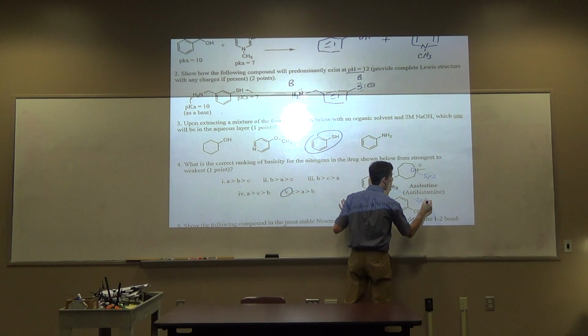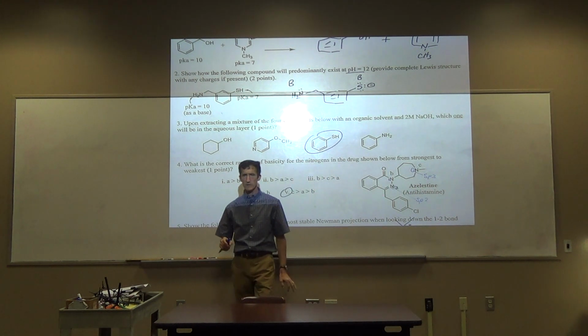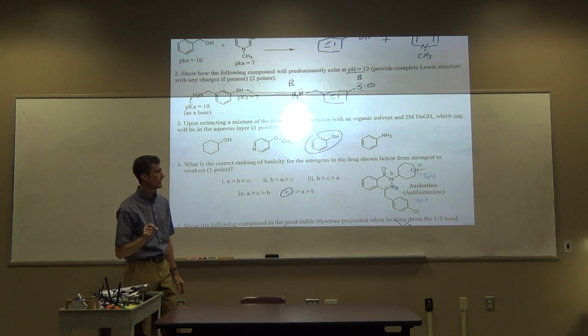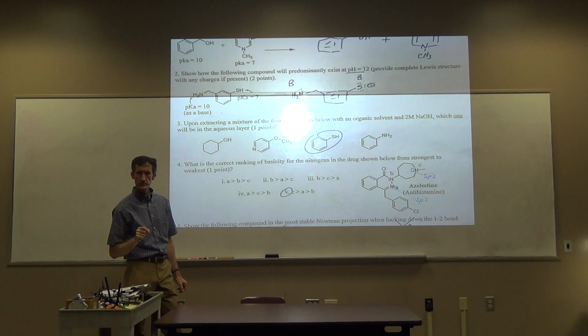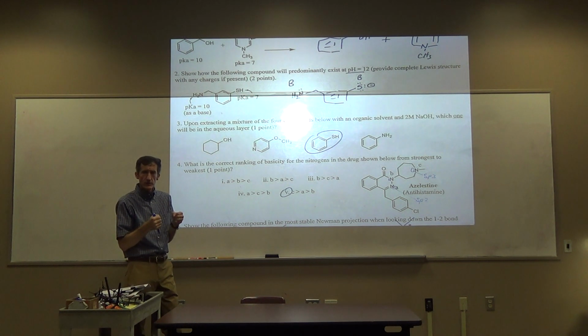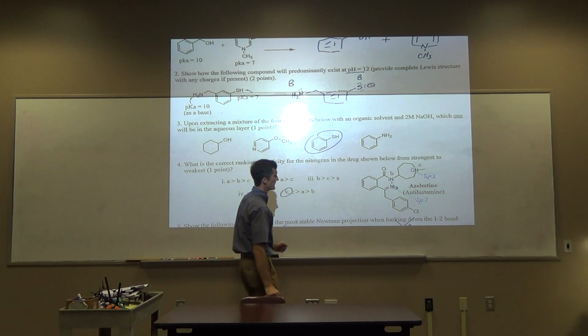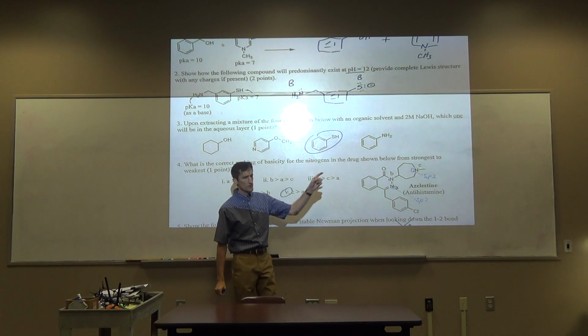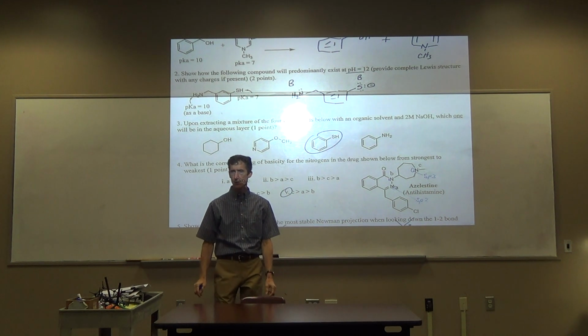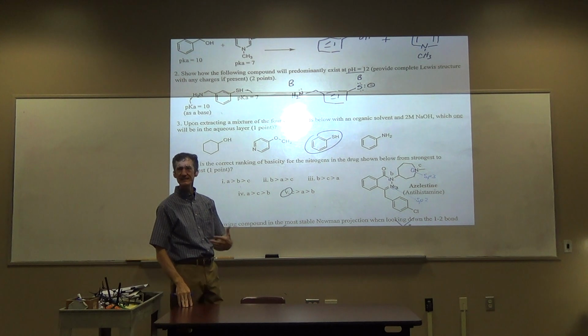The difference in those two lone pairs is just hybridization effect. The lower nitrogen has more s character, so it holds the electrons tighter. The orbital the electrons are in is closer to the nucleus. Both of those have some basicity. The sp3 is more basic. sp3 nitrogens are pretty decent bases.